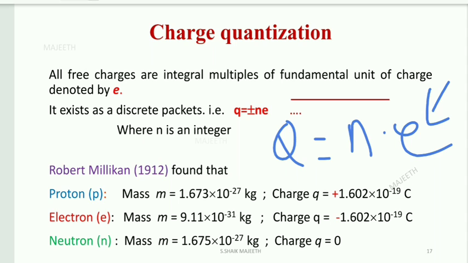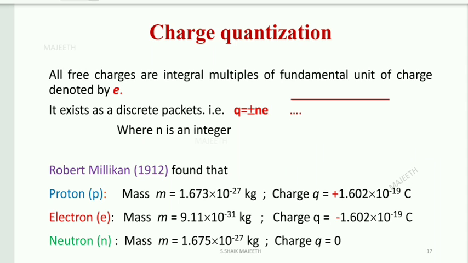That means both electron and proton carry the same amount of charge but with opposite sign. Proton is positive 1.602, electron is negative 1.602, right? So now they found the fundamental unit. I told you any line can be expressed in terms of the fundamental unit of point, right?